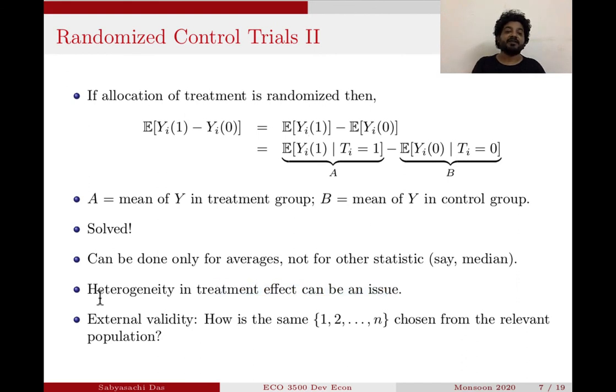Moreover, if treatments are highly heterogeneous, then that might be an issue, because then maybe for some individual i the treatment really affects a lot the savings rate. Maybe some individuals, if they got savings bank accounts, will be able to save really a lot of money. If there are people like that in this n sample, then your estimated average treatment effect will depend a lot on whether that individual is actually in the treatment group or in the control group.